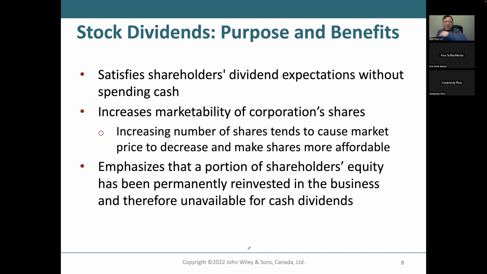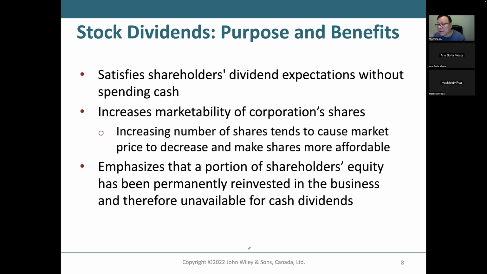The second point is, when you issue common shares, you are increasing the number of shares available in the market. So therefore, the price will decrease, right? In economics, you have learned that the price is determined by supply and demand.